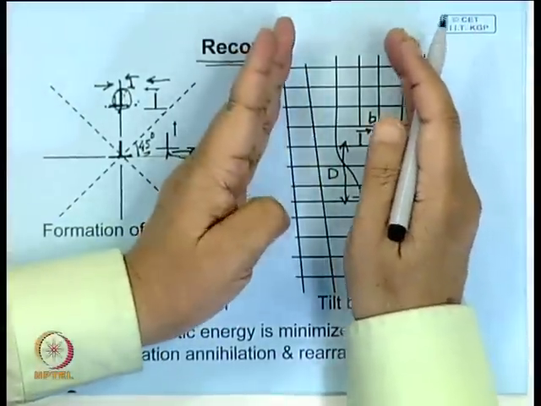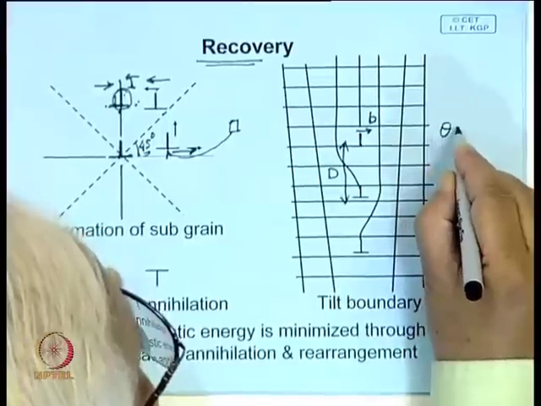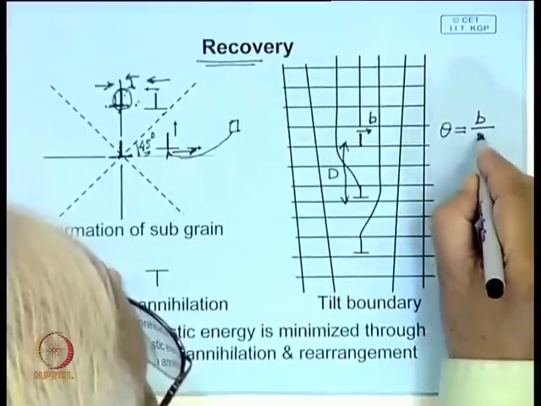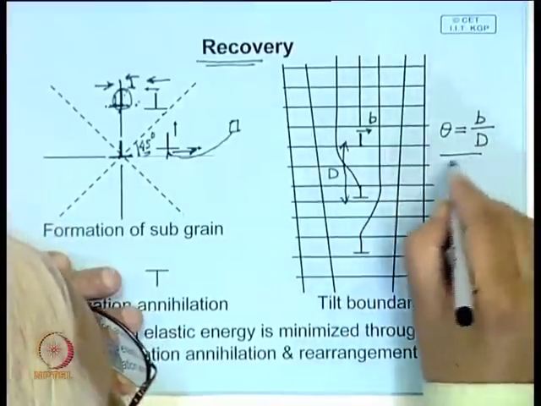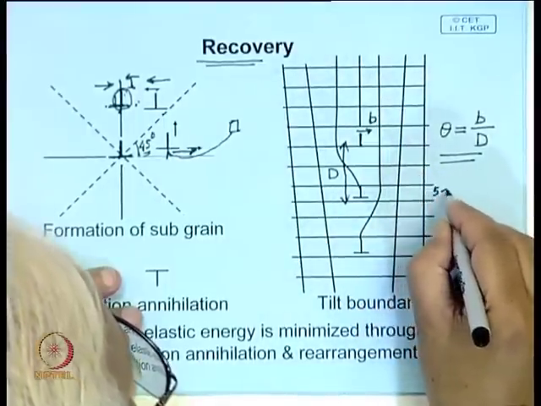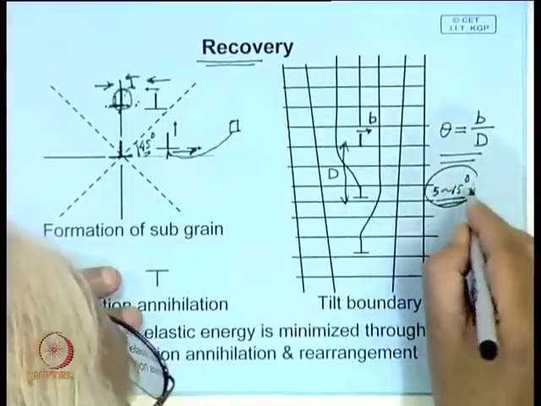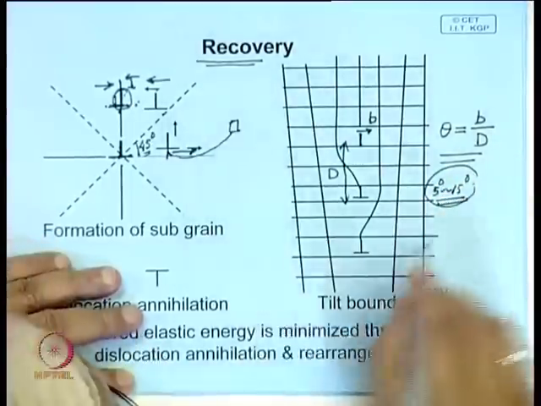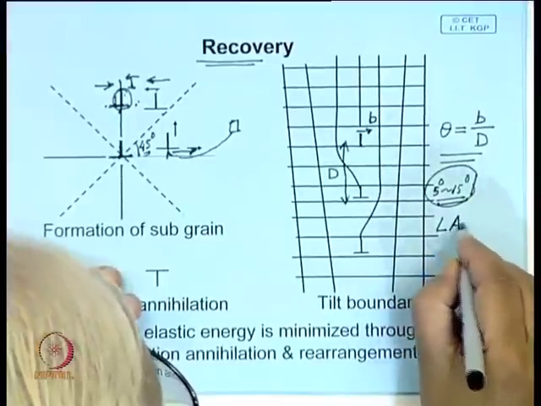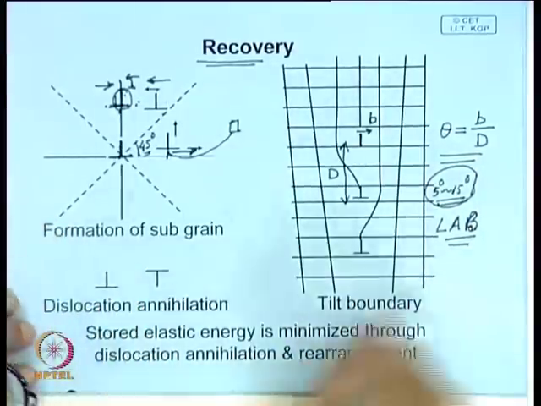This part of the crystal is rotated slightly through an angle theta, and this angle of tilt is given by b over D. And when this angle of tilt is around, say, 5 to 15 degrees, this misorientation is 5 to 15 degrees, we call this a low angle boundary, low angle grain boundary, or tilt boundary.